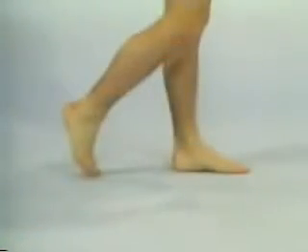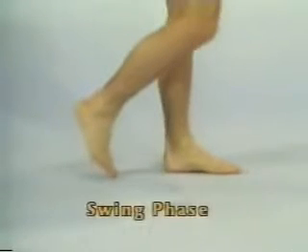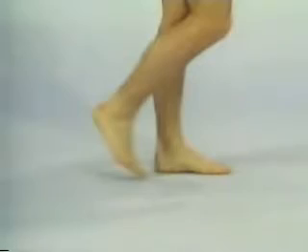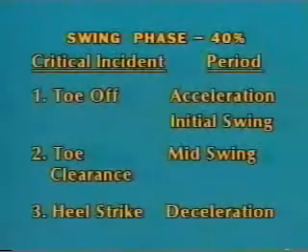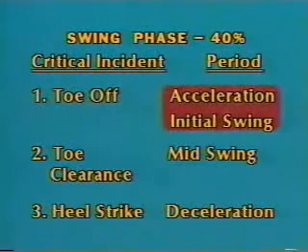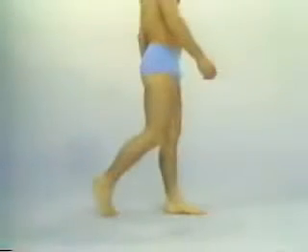As the forefoot leaves the ground, the extremity now enters the swing phase of gait. Like stance phase, the swing phase can also be broken down into various periods. Acceleration or initial swing. Just prior to toe off, the iliopsoas muscle contracts to propel the leg forward by flexing the hip.